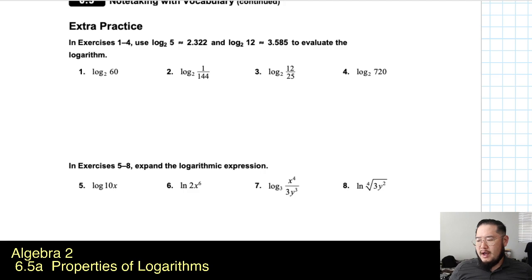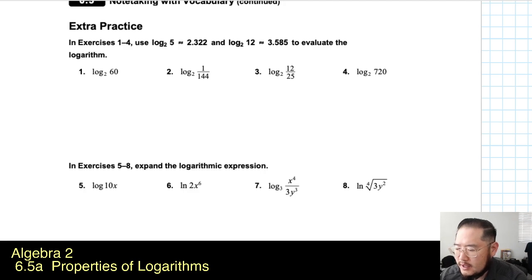So what we have to do is use that information to try and solve something like number 1. But in number 1, there's nothing that has 5 and 12 in it. So this is where we use our product, quotient, or power properties to help us solve these problems. And we've got to get creative here.